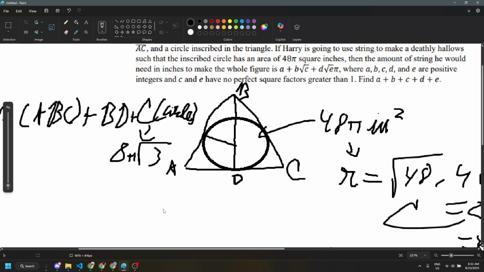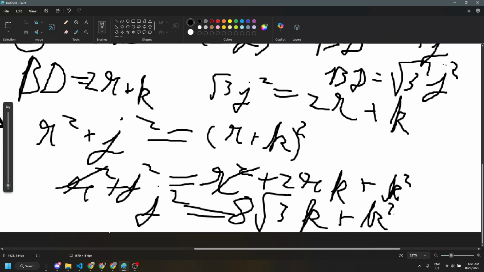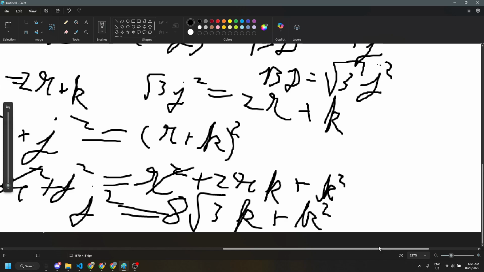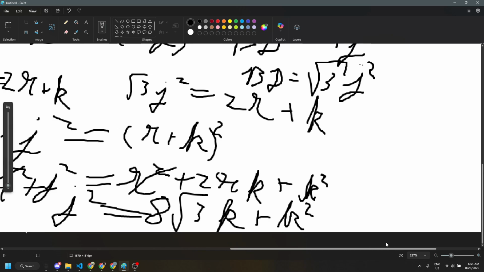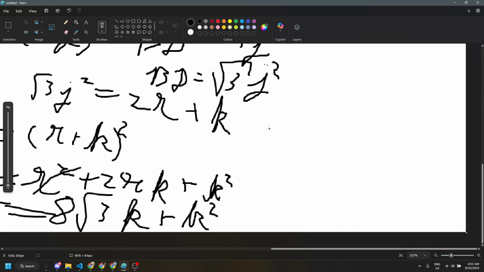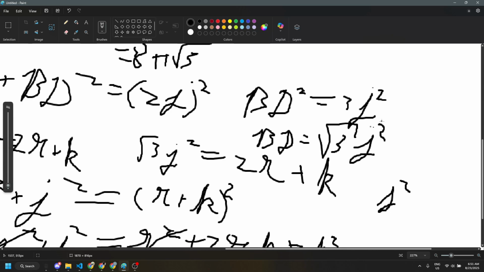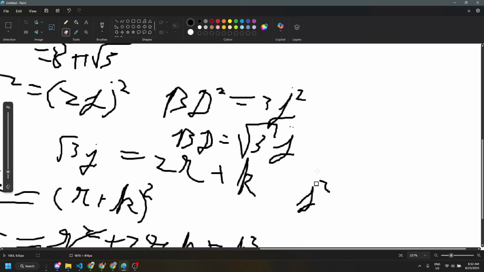R is 4 root 3, is equal to 8 root 3 K plus K squared. Then we further solve for J. So, J squared? No, this isn't J squared, this is just J. Oh my gosh, if it was J squared, that would have made it so much more difficult. Okay.